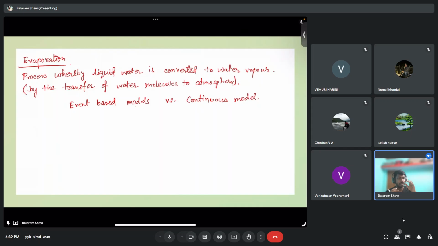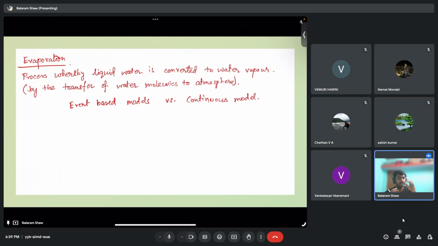Let's say wind is blowing and evaporation is taking place. When wind is blowing, it takes the water vapor away from the zone of evaporation, and hence the rate of evaporation will increase with the increase in wind velocity. But this is up to some limit. That limit is called critical wind speed.